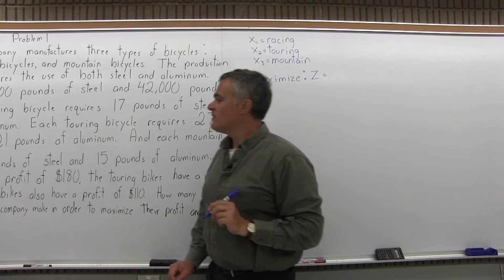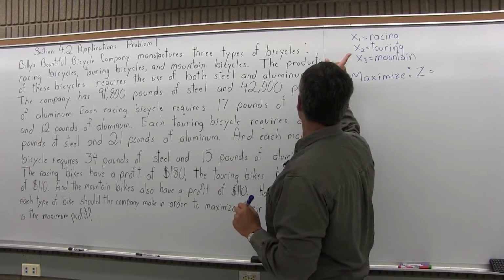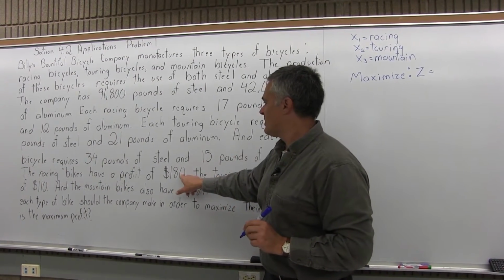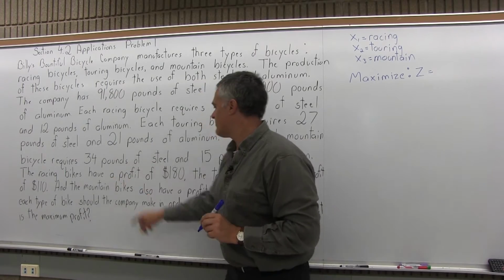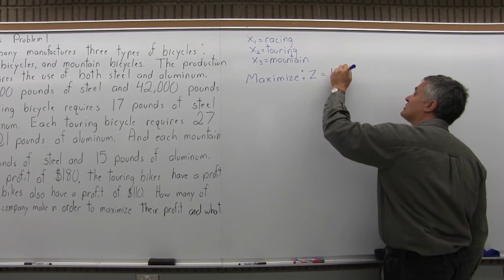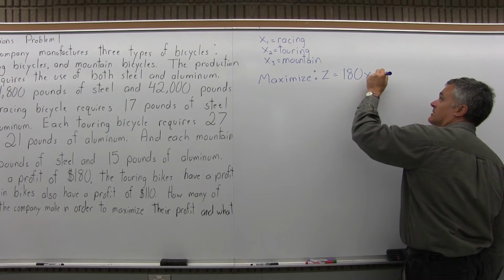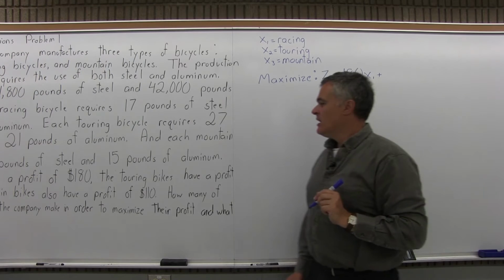So the profit for the first type of bicycle, which is racing bicycle, is $180. The racing bikes have a profit of $180. So 180 x1.